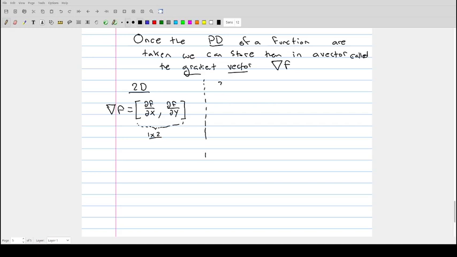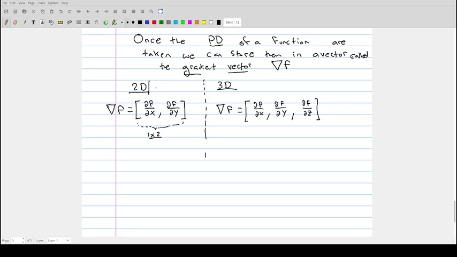But in 3D, the gradient vector is the collection of all three partial derivatives of the function. So it's the collection of the x partial derivative, the y partial derivative, and the z partial derivative.